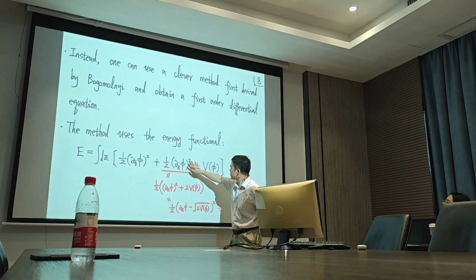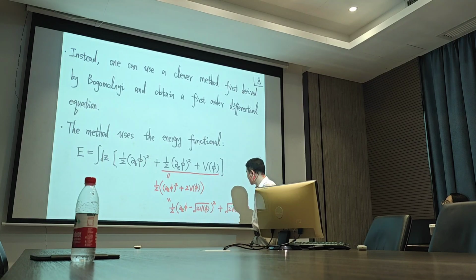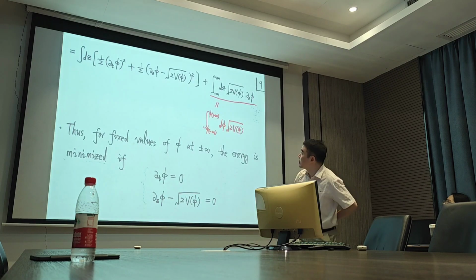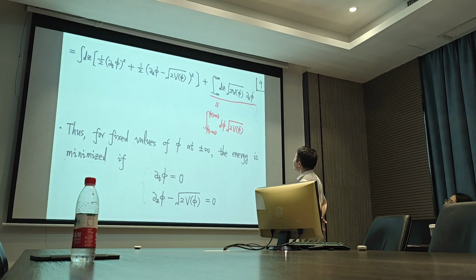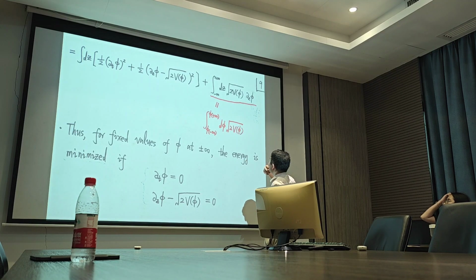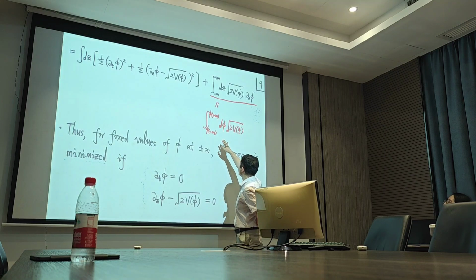We can combine the last two parts to get a quadratic form, and this is the cross term. The cross term after integration depends only on the boundary values.